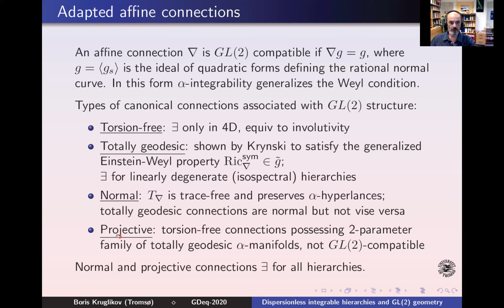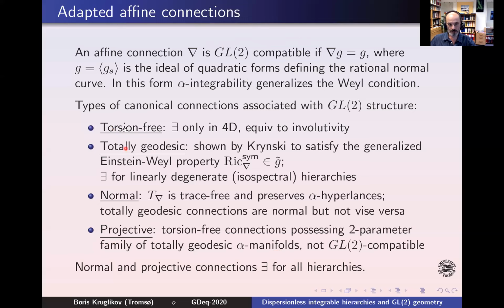Then there is also a class of projective connections. We can take torsion-free connections possessing a 2-parametric family of totally geodesic alpha manifolds. So we unite this requirement and this requirement, however we drop the requirement of GL2 compatibility. All three can be satisfied only in dimension 4, but for higher dimensions not.